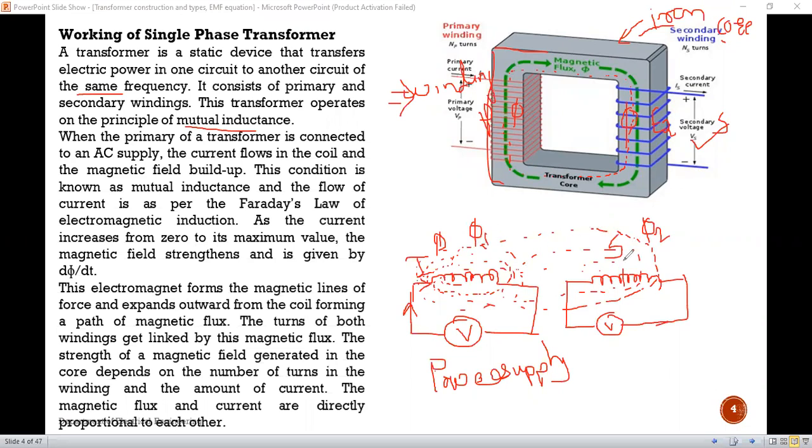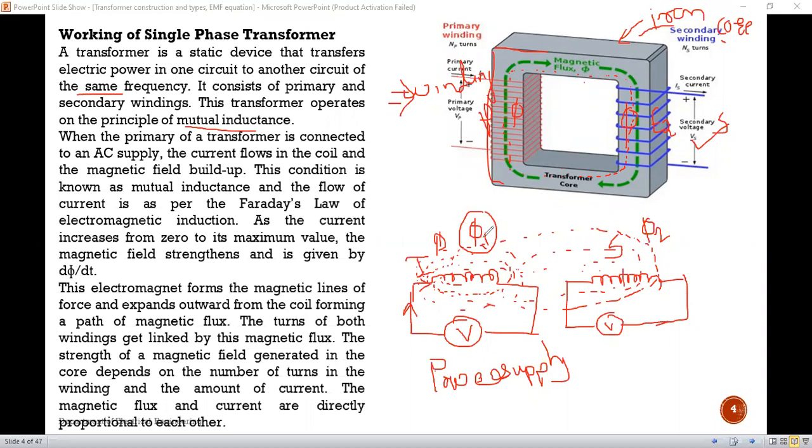Note what I am telling. This flux phi 2 will be set up due to flux phi 1 in the primary coil.